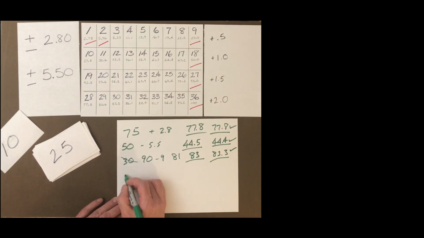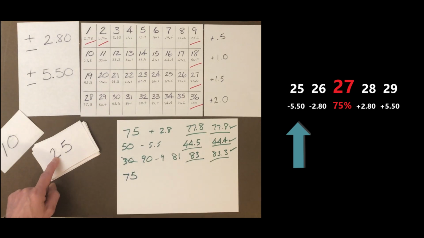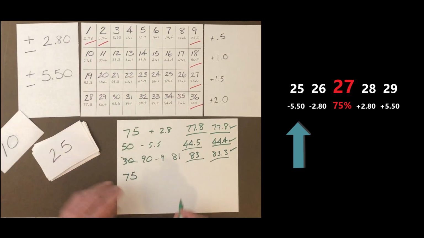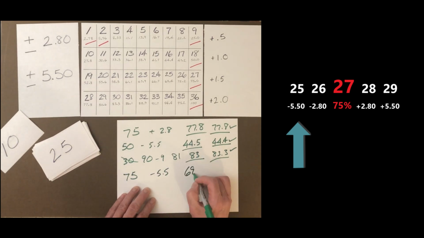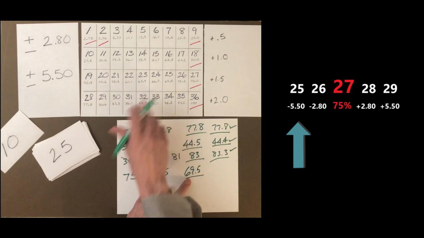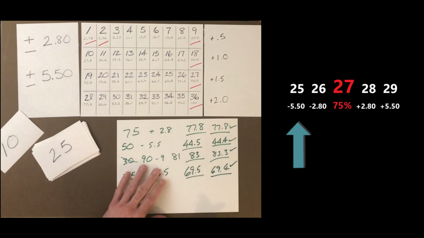We have our 27. We know that that is 75%. We're 2 less than our 27, so we just simply subtract our 5.5, giving us 69.5. And the actual answer for 25 is 69.4. Within 10%.